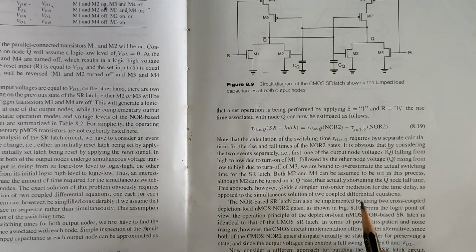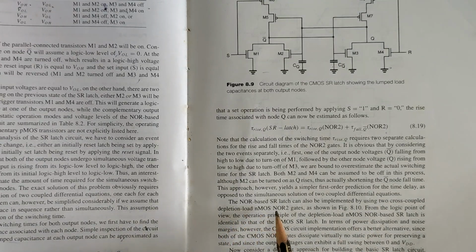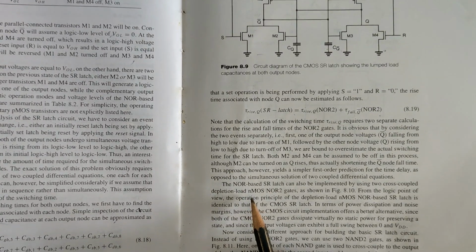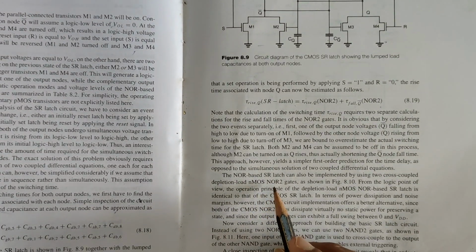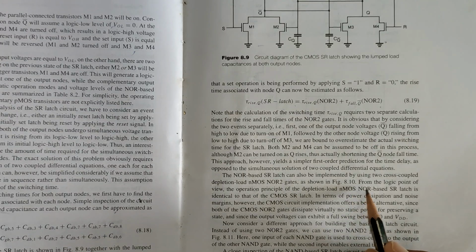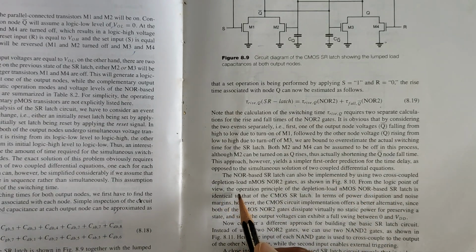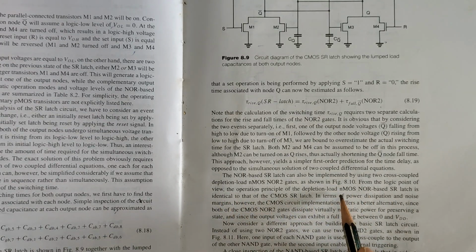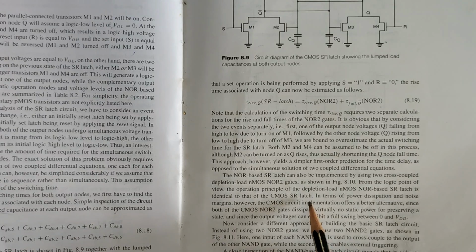The NOR based SR latch can also be implemented by using two cross coupled depletion load NMOS NOR 2 gates as shown in the figure. From the logic point of view, the operation principle of the depletion load NMOS NOR based SR latch is identical to that of the CMOS SR latch.